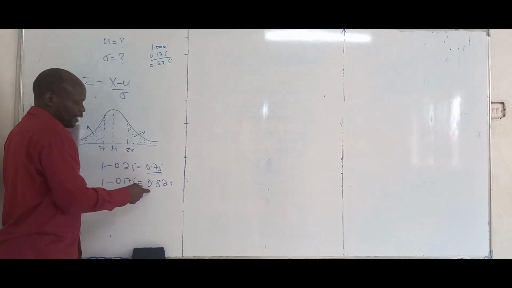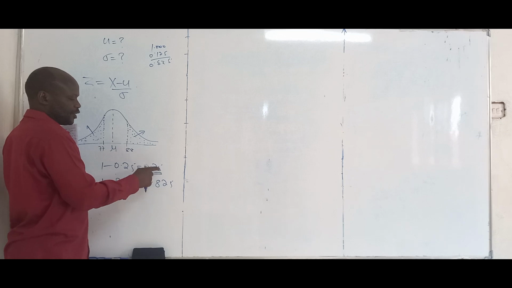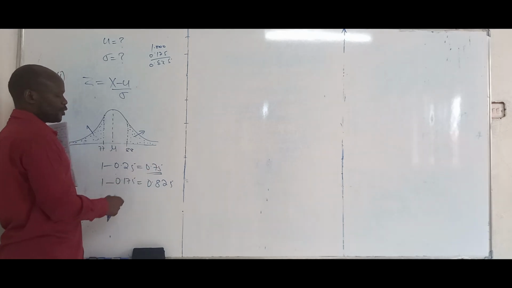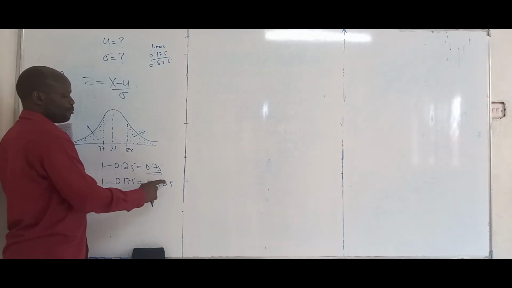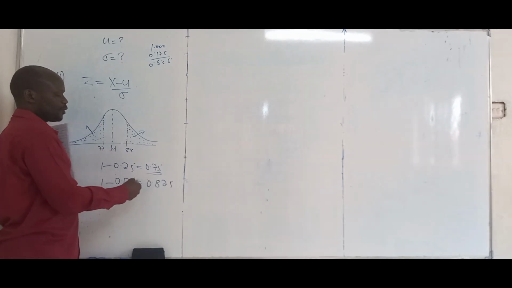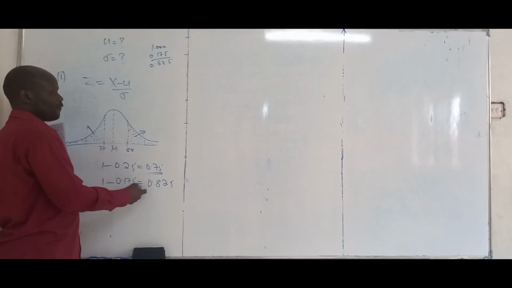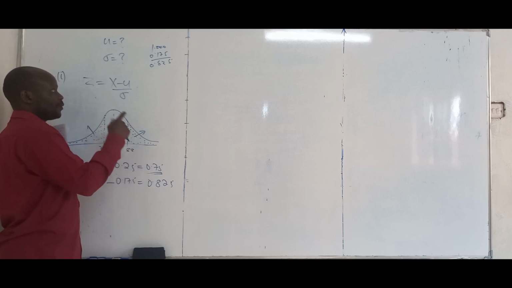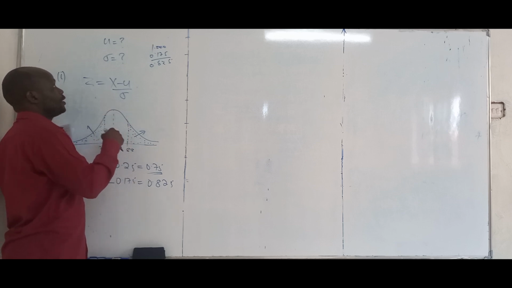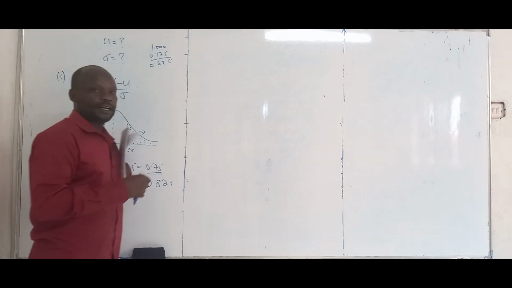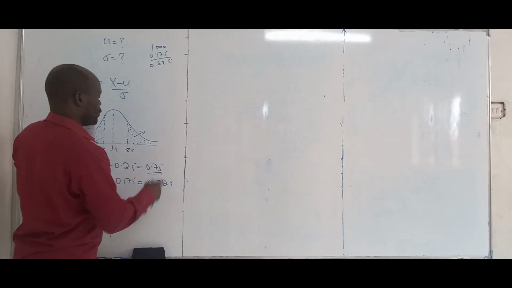Now, these are the values that we check. For this probability, we check the corresponding value of z, and for this probability, we also check the corresponding value of z. If we equate those values and solve simultaneously, then we are able to get the values of the mean and the standard deviation.